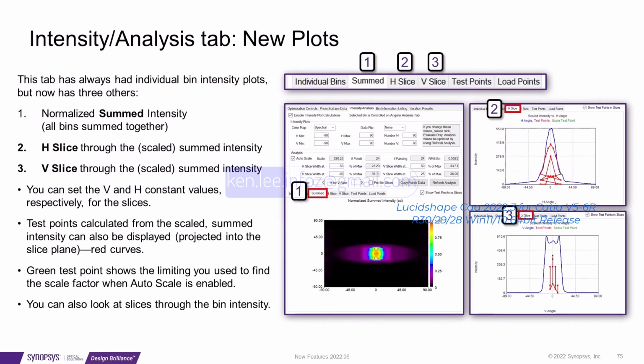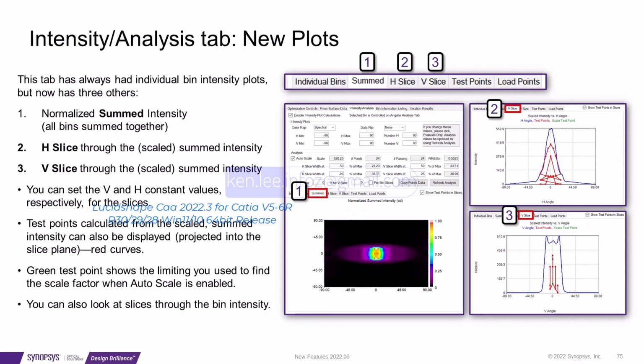Let us take a look at the new plots. This tab has always had individual bin intensity plots, but now has three others. Number 1, the normalized summed intensity, where all bins are summed together. Number 2, H-slice, through the scaled summed intensity.